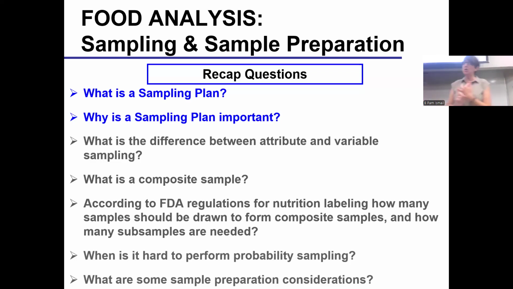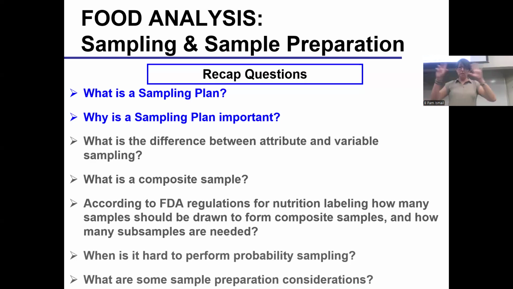So how am I going to transport these samples? How am I going to store these samples in a way that won't impact their characteristics? You determine all of that once you know the purpose of why you're sampling anyway. So are you sampling for an attribute or a variable component? We'll talk about that in a minute, and that will help you determine how many samples you should take.